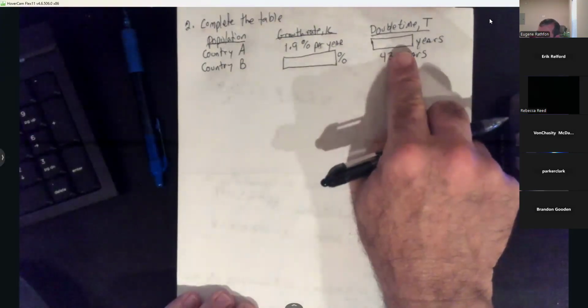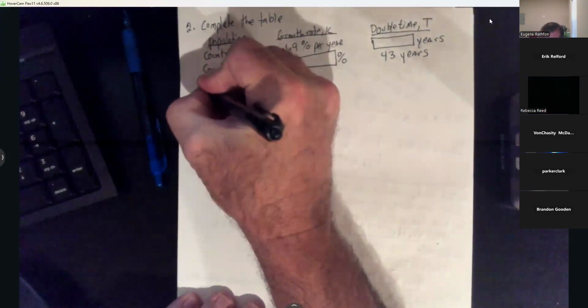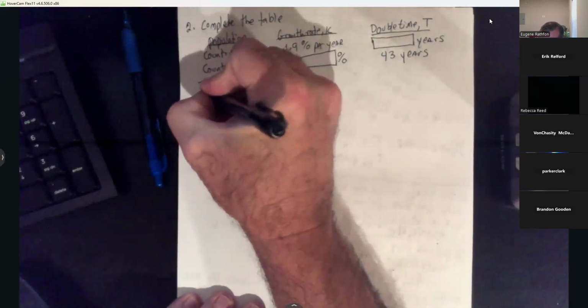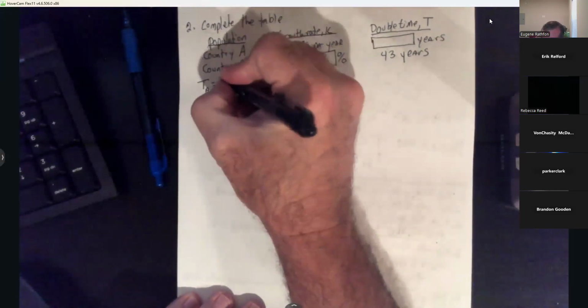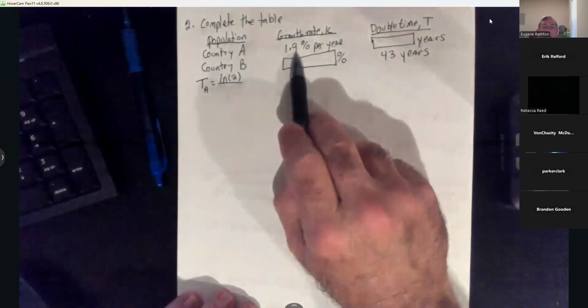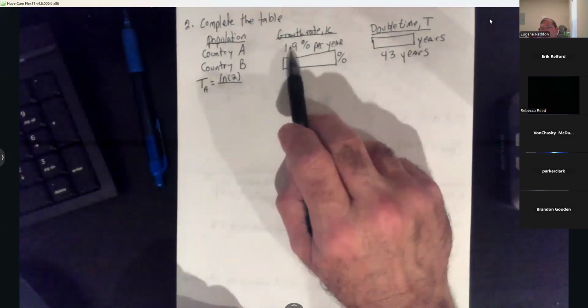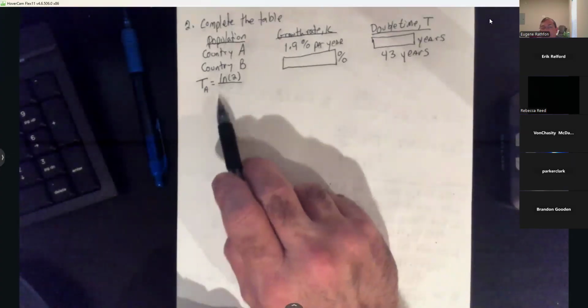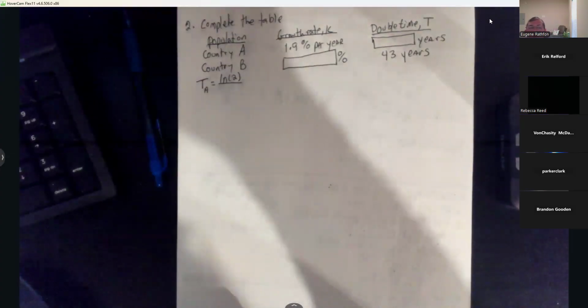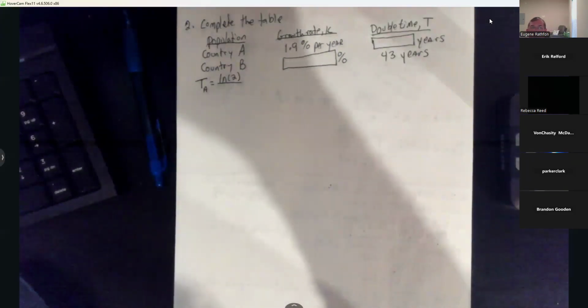So let's find the double time of country A. So that's going to be T of A. That's going to equal ln of 2 over the K for A. But y'all, I will not use 1.9% in the formula. What are y'all going to convert 1.9% into for my formula?